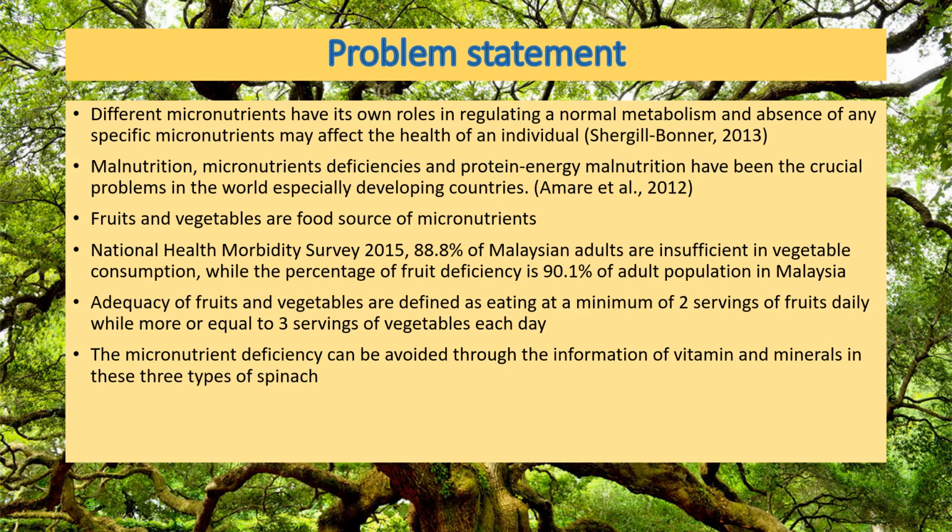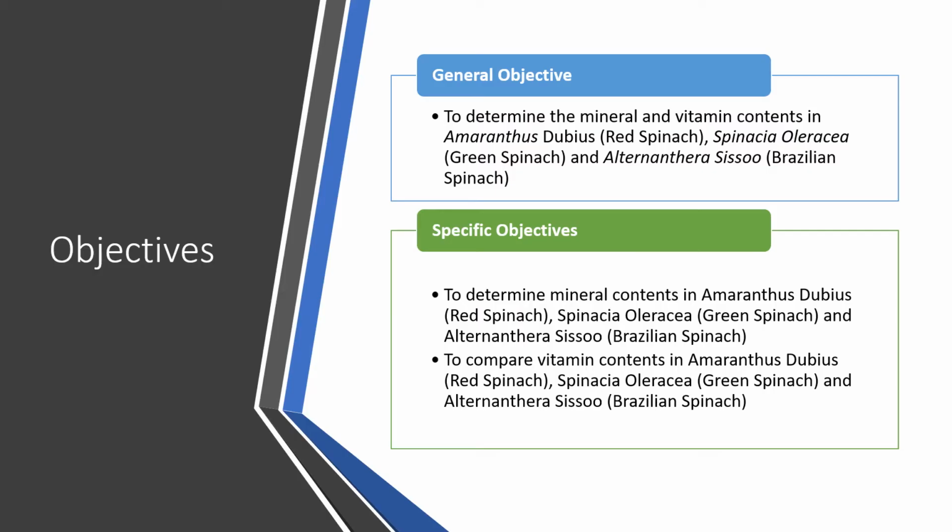Hence, this research is conducted to determine the mineral and vitamin content from the 3 different types of spinach. Besides that, micronutrient deficiency can be avoided through the information of vitamins and minerals in these 3 types of spinach. These are the objectives of this study.